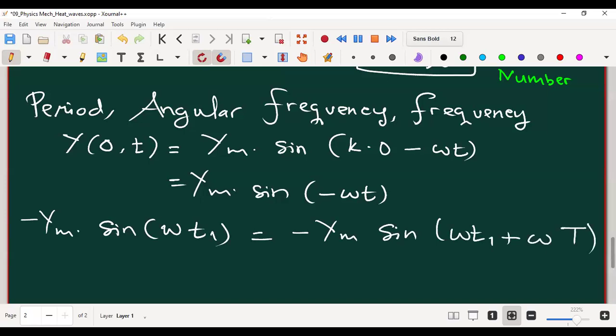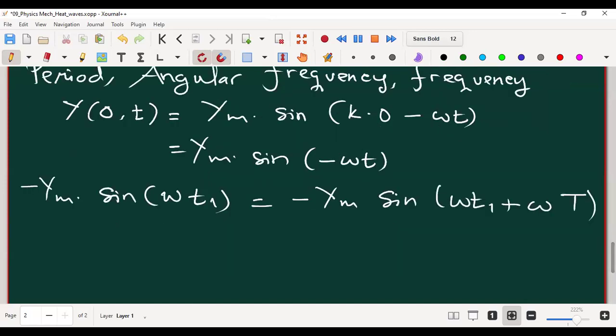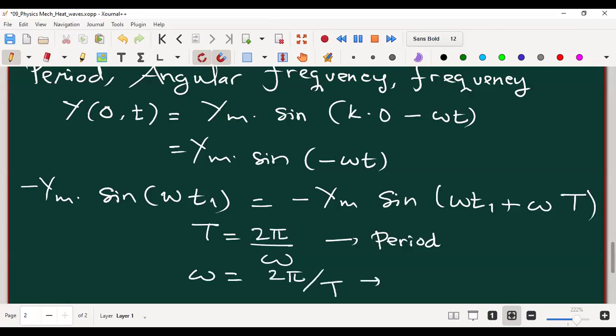So the capital T is equal to the period. T is equal to 2 pi divided by omega. This one is the period. And then omega, you can set that to 2 pi divided by T. This is the angular frequency.